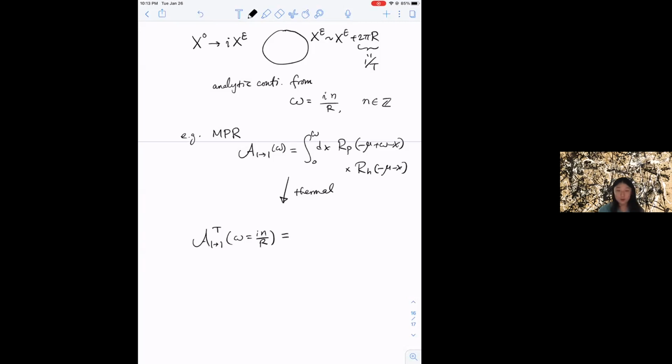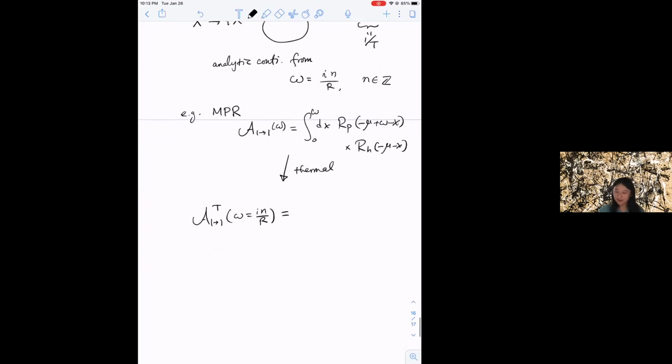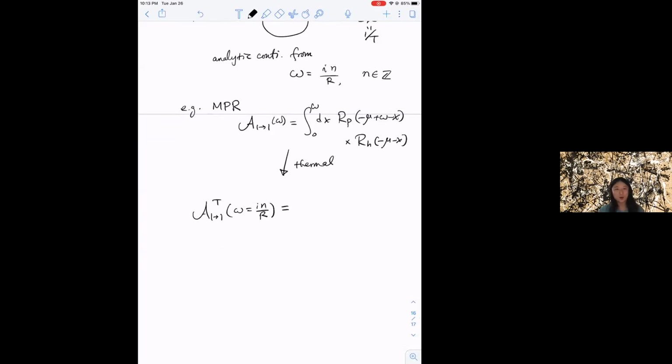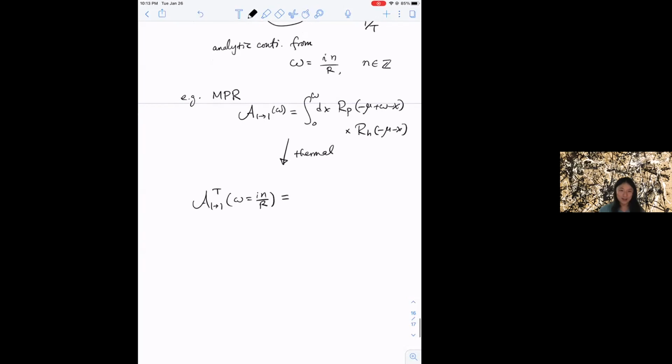This integral will now turn into a discrete sum. Remember, this x is the particle or hole energy, which is now discrete and imaginary.